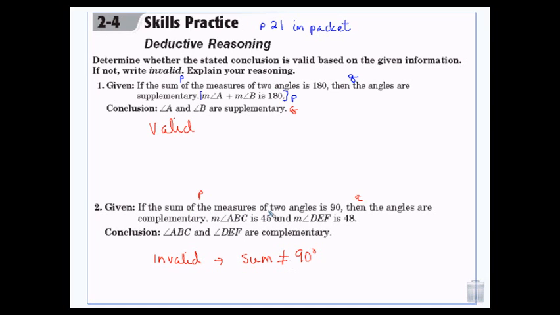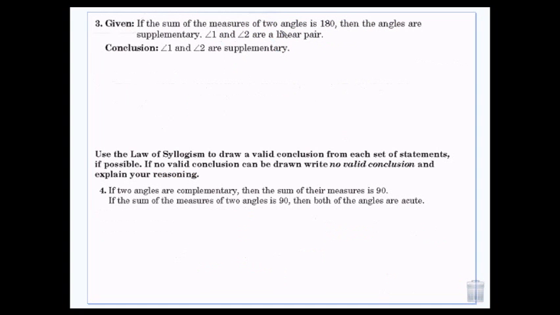So P became false. And as soon as P is false, then Q is false. So a false P yields a false Q, which equals invalid. Does that make sense? Okay. All right, why don't you guys try number 3?